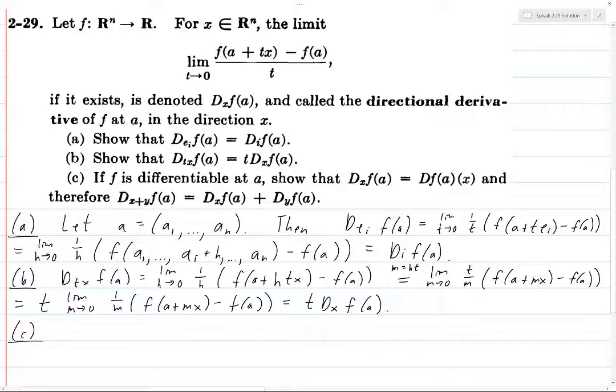Because in both cases, a tells you where you're taking the derivative, and x tells you what direction you're pointing in, essentially. That's the idea. So we start this. If x equals 0, then dfa of x is going to be the same as dx f of a because they're both going to be 0.